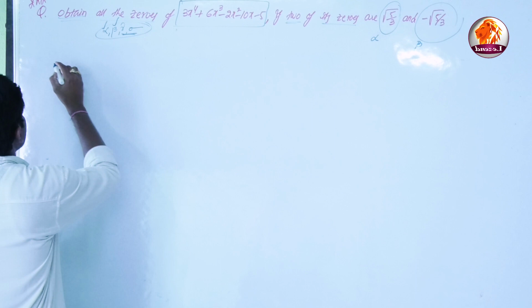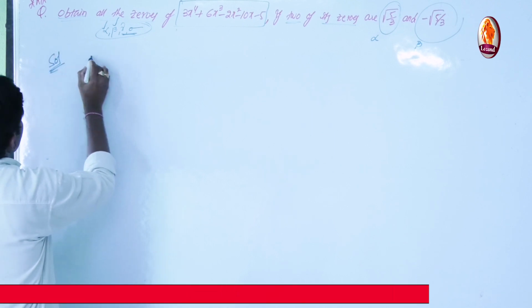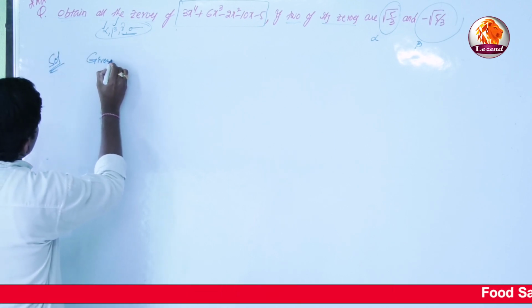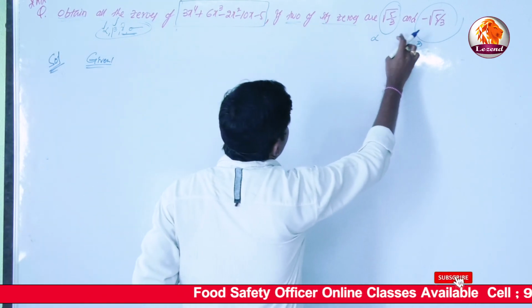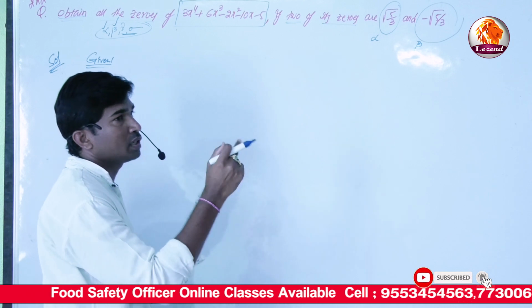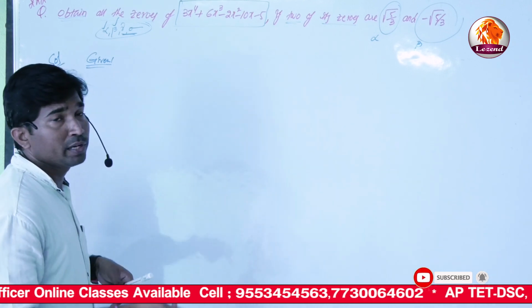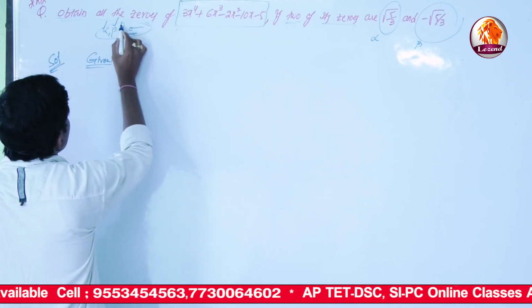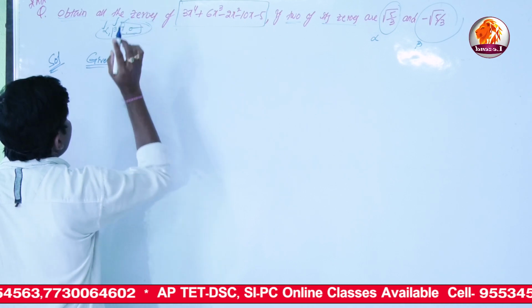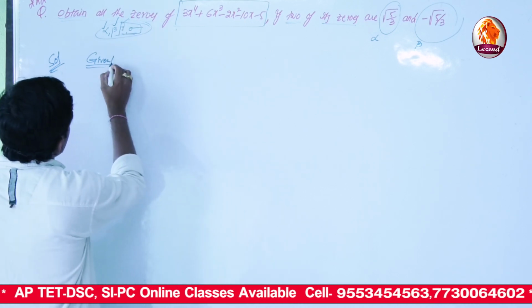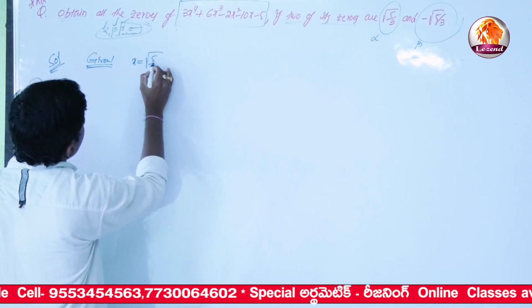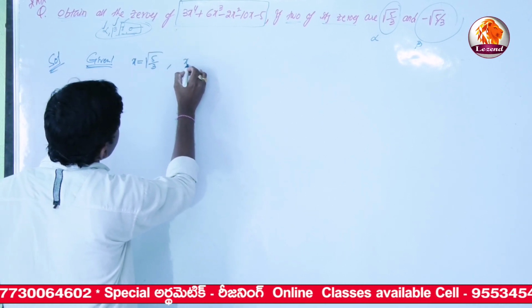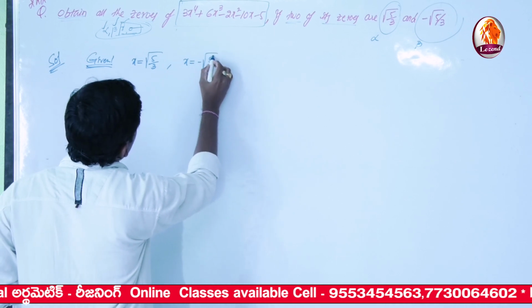Now the solution part. Given that root of 5 by 3 and minus root of 5 by 3 are the roots of the biquadratic polynomial. Now we are going to find the third and fourth roots, gamma and sigma. Given x is equal to root of 5 by 3, and one more is x equal to minus root of 5 by 3.